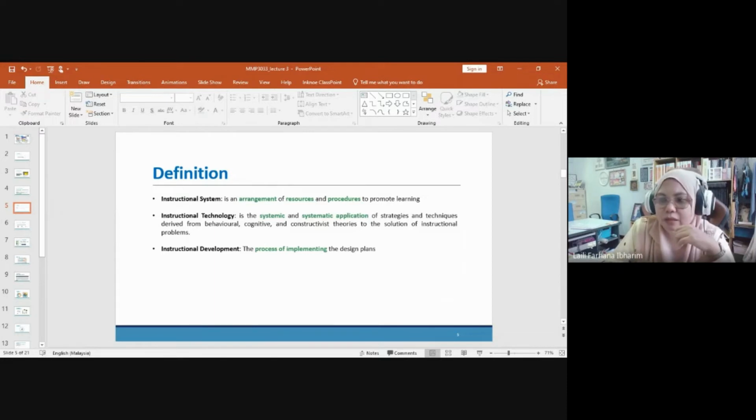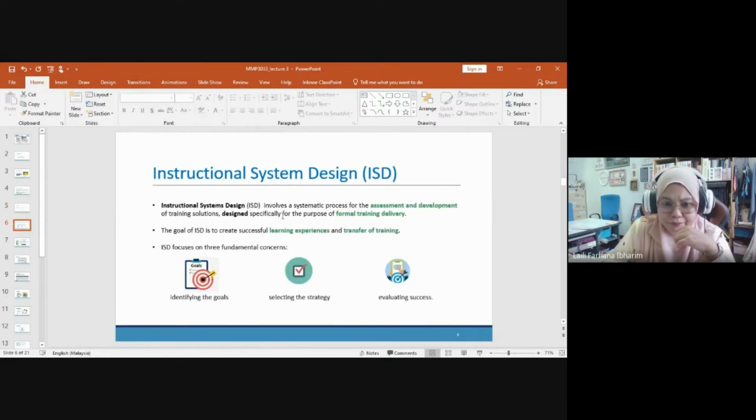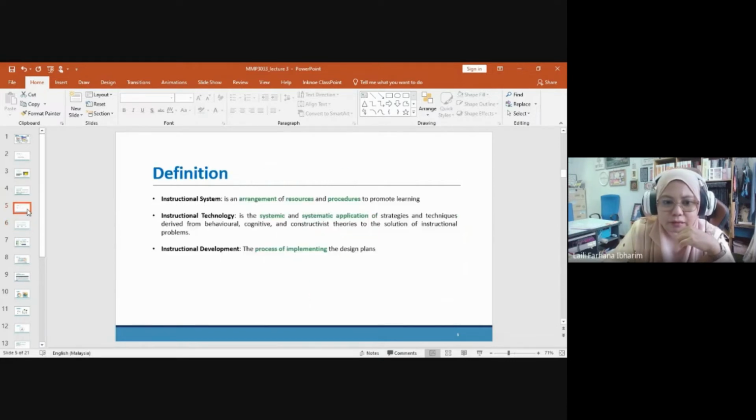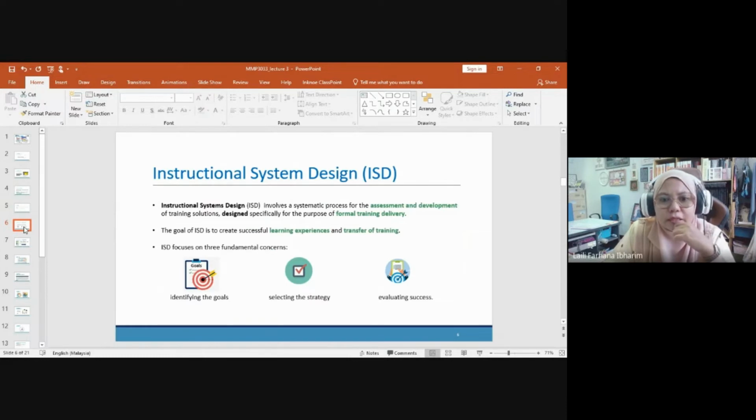So in instructional system design, ISD involves a systematic process for the assessment and development of training solutions. So we have assessment and development. It is also designed specifically for the purpose of formal training delivery.